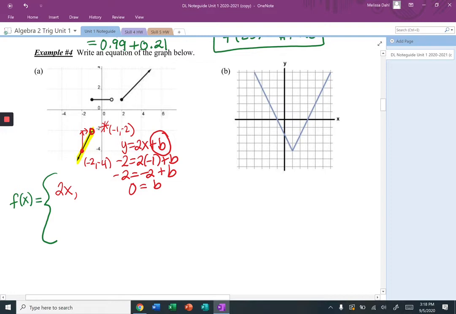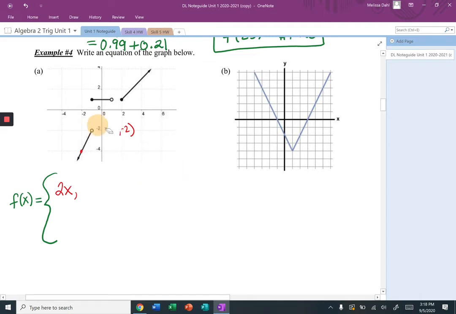And then I need to put some restrictions on that equation. I'm going to erase this work just so you can more clearly see the graph that I'm working on. What are the restrictions? Notice that the graph continues infinitely here, but its endpoint is right here. Remember, we want to list domain restrictions. Domain restrictions mean how the x values are being restricted.